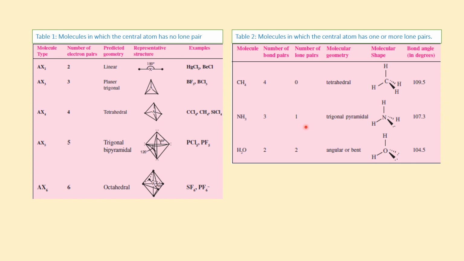The next case is NH3, where the number of bond pairs is 3 and the number of lone pairs is 1, and its molecular geometry is trigonal pyramidal. The shape is shown here with 3 H atoms, and the lone pair is shown with the dot.